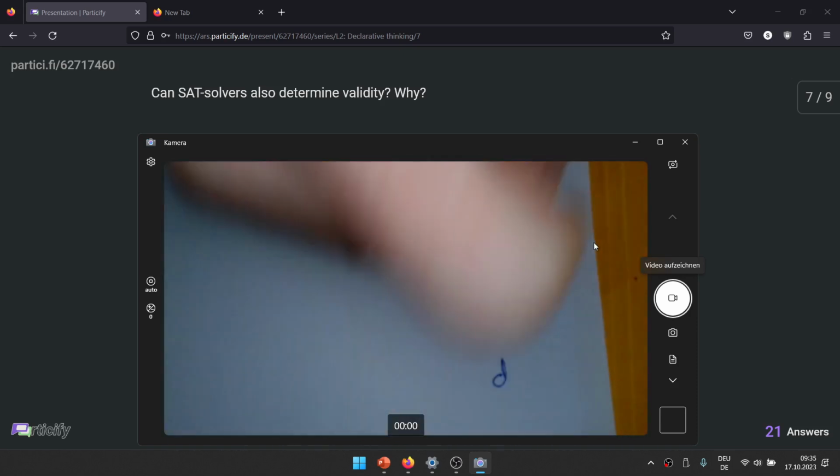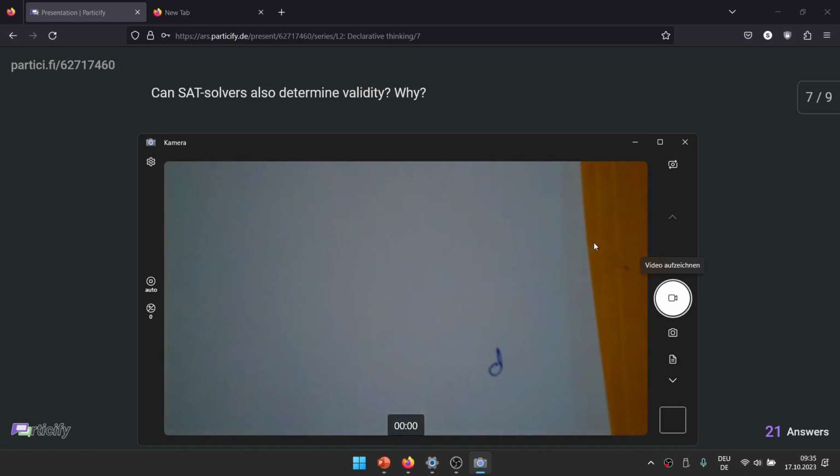Take the variable p. Do we need more? Okay, so let's check. Is this formula satisfiable? If I set p to true, it's satisfiable, right? Is it valid?